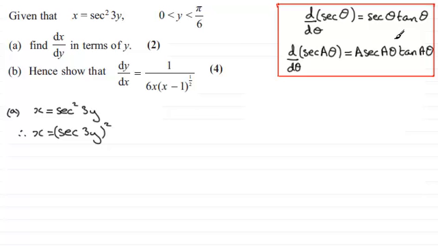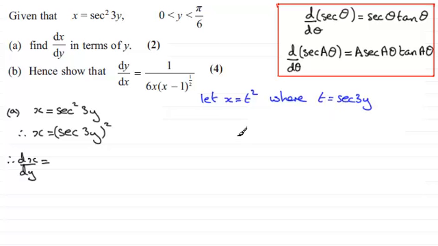Now working on that assumption, to differentiate this, dx by dy in other words, what we're going to have to do is apply the chain rule. In other words, let's say let x equal t squared. So I'm replacing the sec 3y with a t, x equals t squared, where t equals sec of 3y.